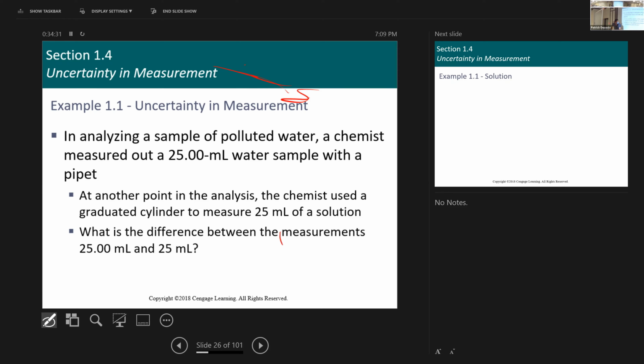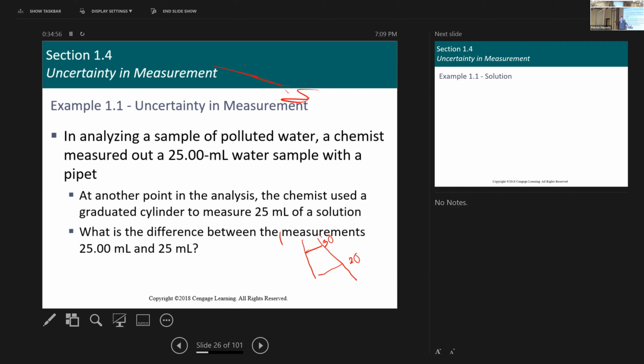Okay, so this assumes that your graduated cylinder goes between 30 and 20, right? Because the only measured number that you can measure accurately is the tens place.